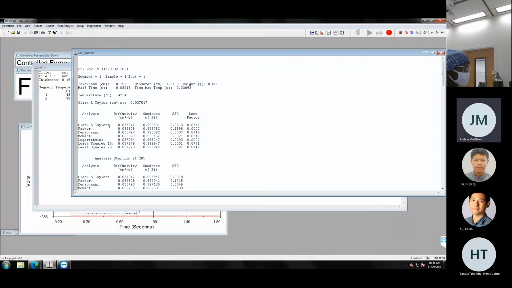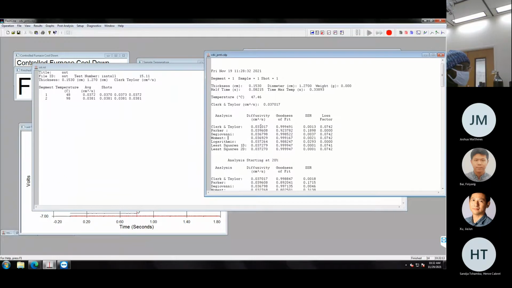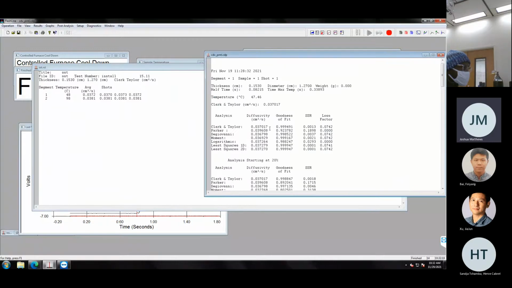Clark and Taylor is the most commonly used one, but you might have somebody asking for the Parker, or there are a couple of other ones. Just know that the software does do the calculation for different formulas, but the results section displays the Clark and Taylor as default.